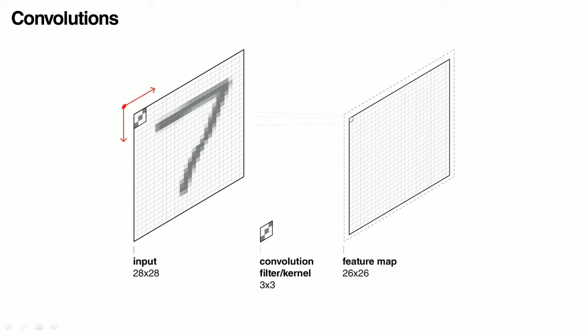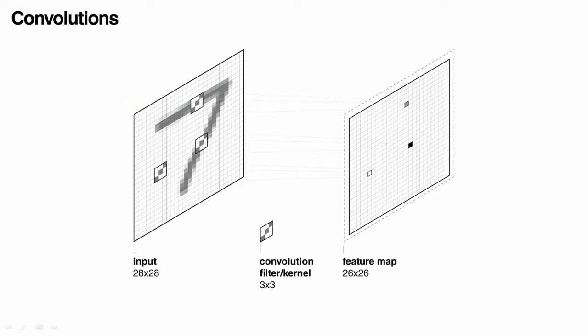And when we then move the filter systematically and perform a convolutional operation across the image from left to right and top to bottom, we perform element-wise multiplications between the values in the filter and the input location that we're currently on the image. And this outputs a feature map that is usually slightly smaller in terms of length and width than the input, due to the nature of the convolutions.